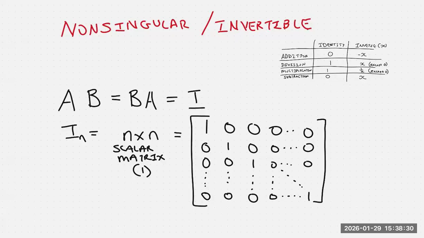There are n rows and n columns. As you can see, the main diagonal is going to have just 1s, and everything else is going to be 0, meaning 0s everywhere except the diagonal. That's what the identity matrix looks like.